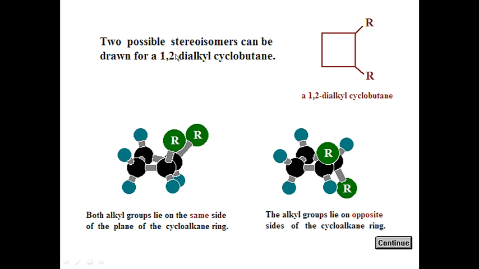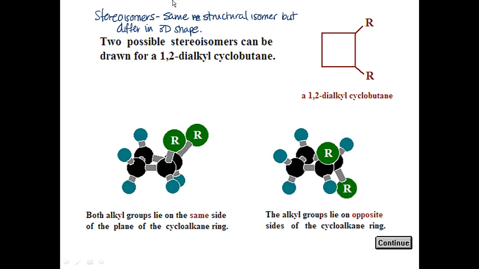So let's remember, what are stereoisomers? Stereoisomers are the same structural isomer, but they differ in three-dimensional shape.